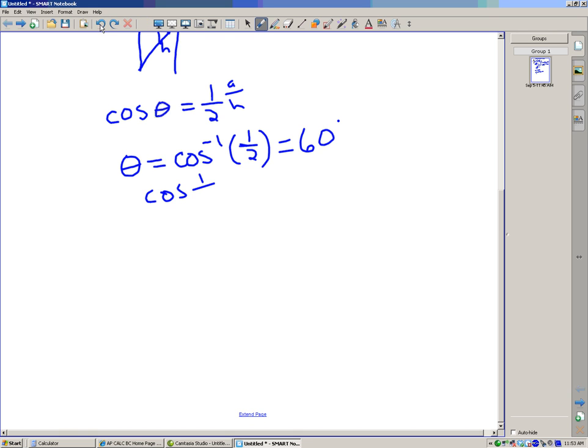Okay, so what this tells us is that the cosine of 60 degrees is equal to 1/2.